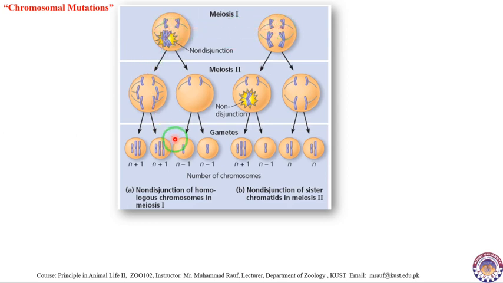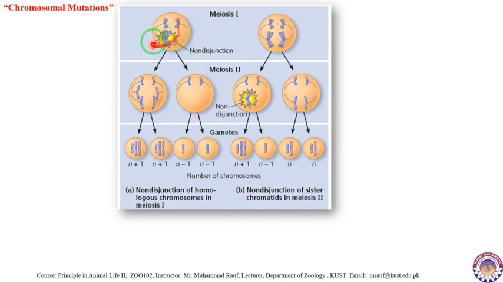In one of the cells, they have shown the process of non-disjunction, which results in two types of gametes: two gametes that have an extra chromosome and two gametes that are lacking a chromosome.